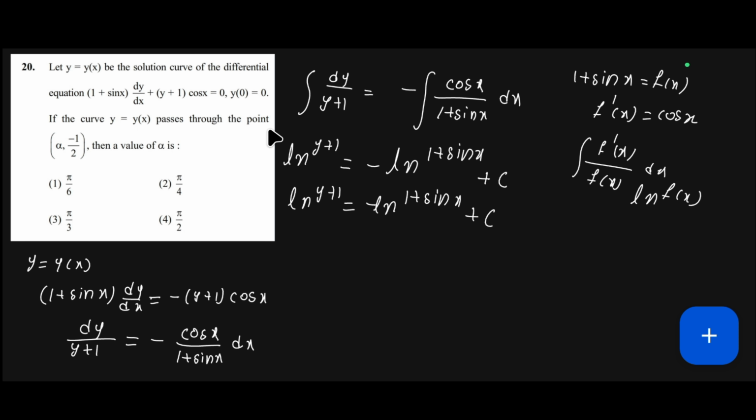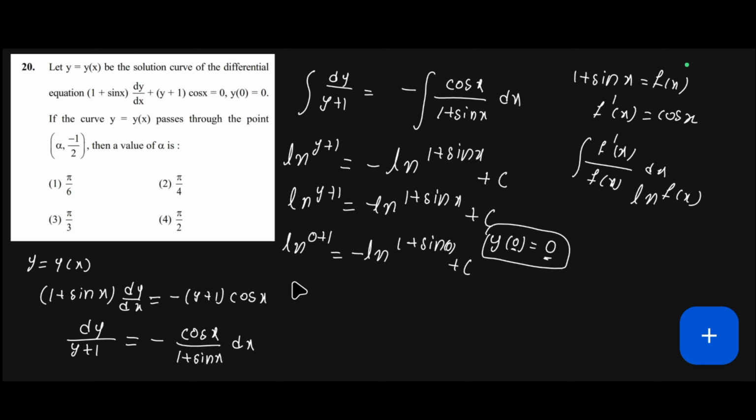So the point satisfies y of 0 is equal to 0. This point satisfies means x value 0, y also 0. So substitute: ln of (0 + 1) is equal to minus ln of (1 + sin 0) plus c. So ln 1 is 0, sin 0 is 0, ln 1 is 0, plus c.